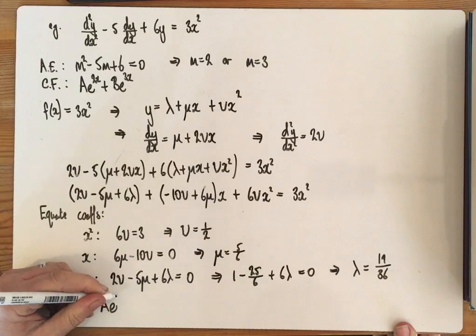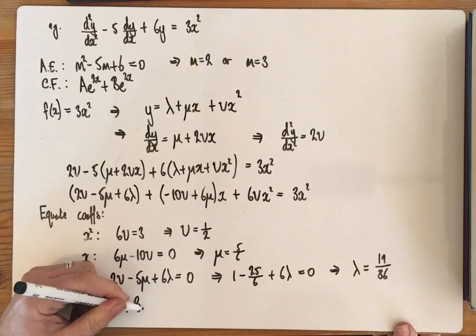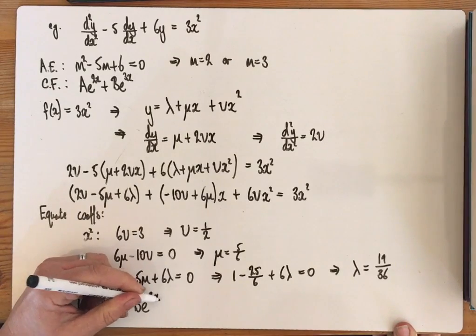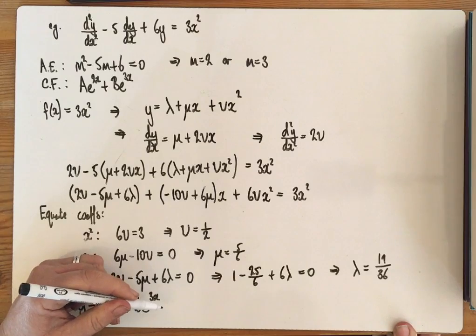a e to the 2x plus b e to the 3x plus the particular integral.